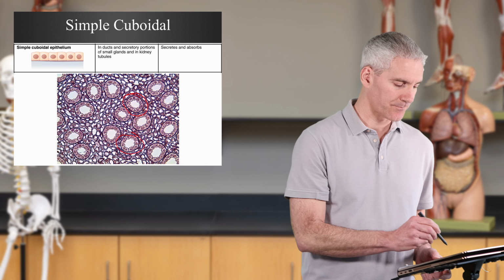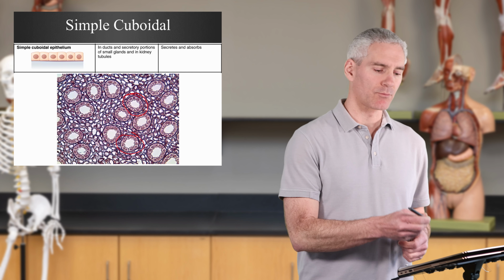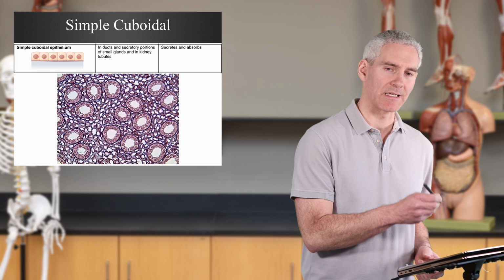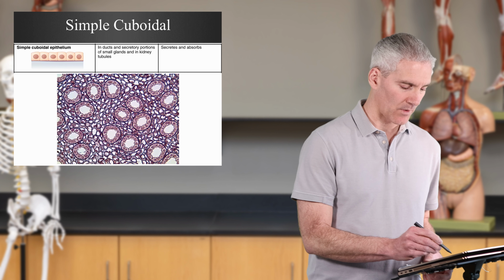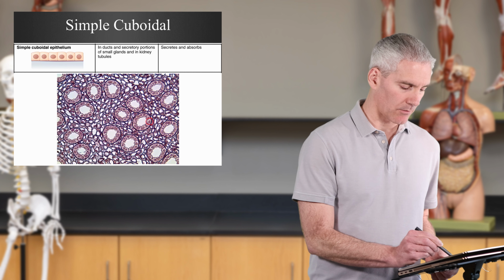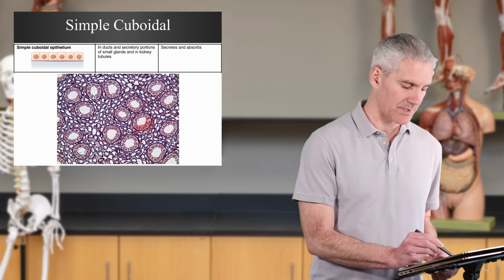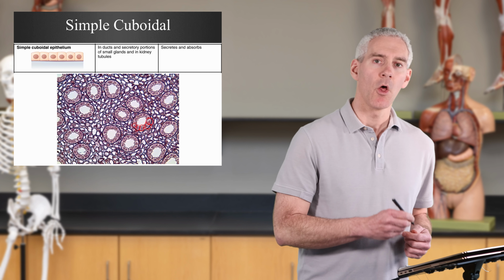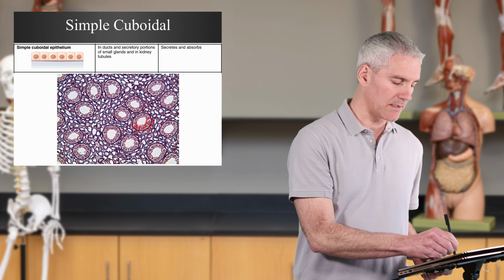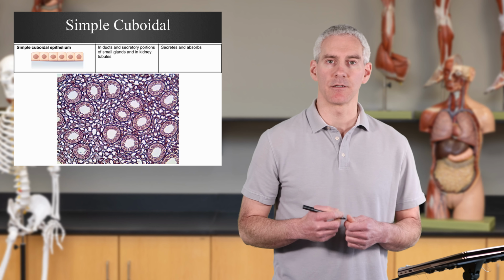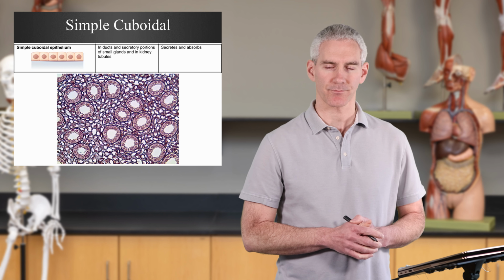Each one of these rings is formed by multiple simple cuboidal cells. This is one single cell, a second cell next to it, a third cell, a fourth cell, a fifth cell. But they're all forming that ring-like structure that is going to be your simple cuboidal.